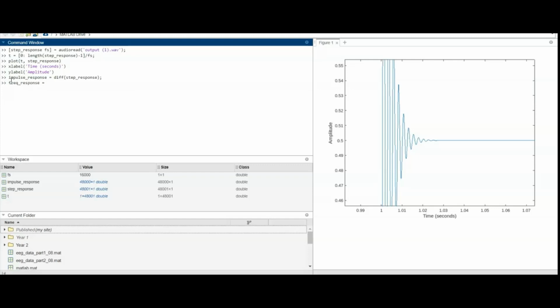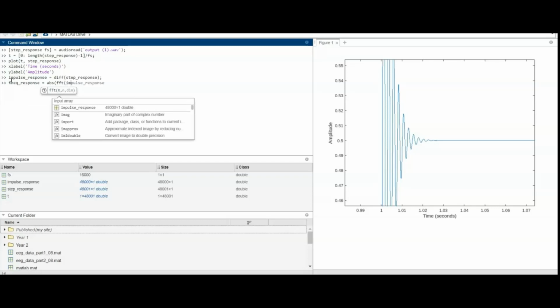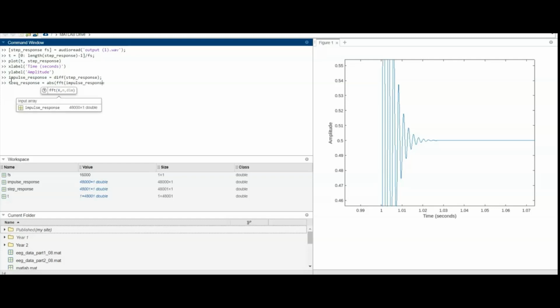We do this using our Fourier transform, so we're going to get the absolute value of the FFT of our impulse response. We're going to multiply this by 2. This is for scaling purposes, which will make more sense in a few minutes. So the absolute value of FFT, perfect, that will give us frequency_response.